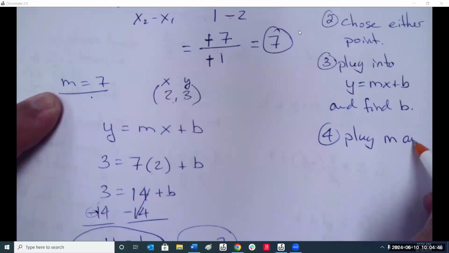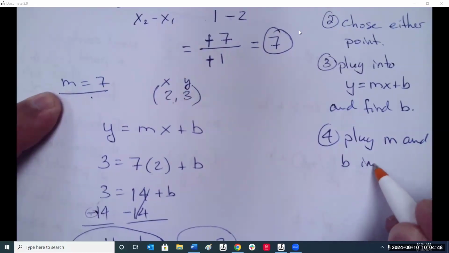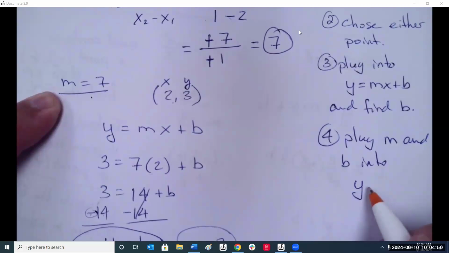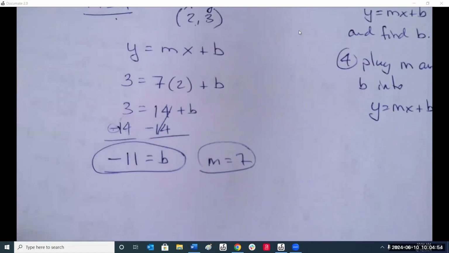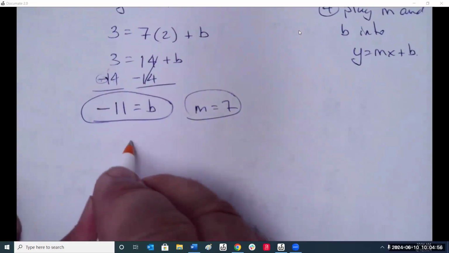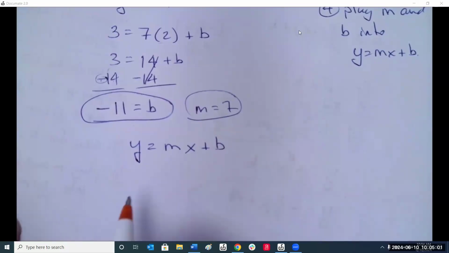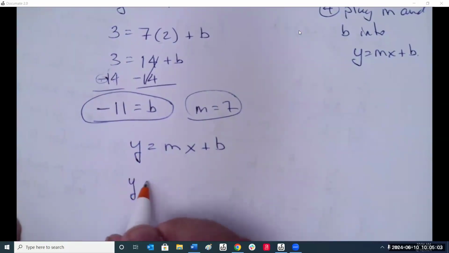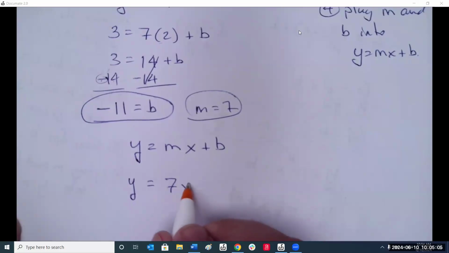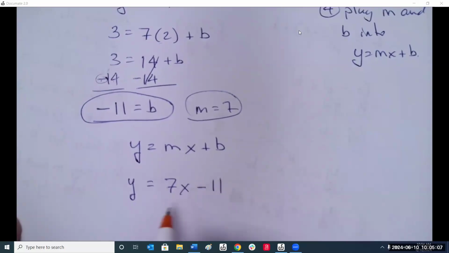Plug m and b into y equals mx plus b. So it's 7x minus 11.